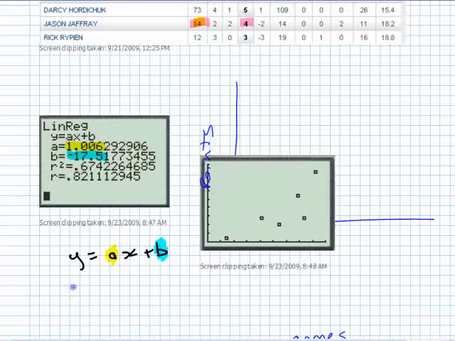So you're not putting in ax plus b, you're putting in y equals, and you can round it a bit, 1.006, even that's probably too much accuracy, plus negative 17.518 if you're rounding it off. Certainly that's enough accuracy for what we're doing here.